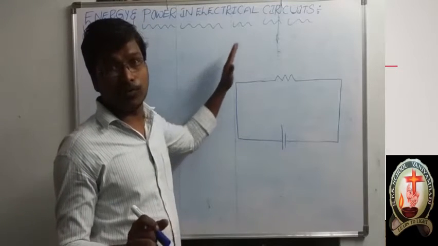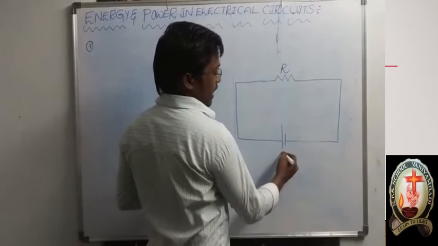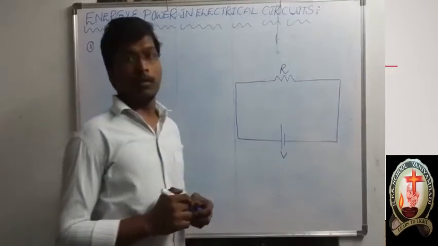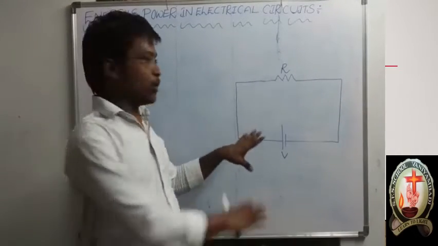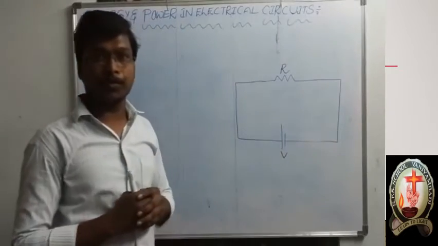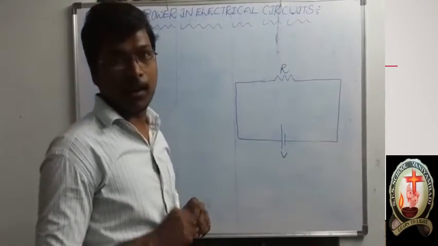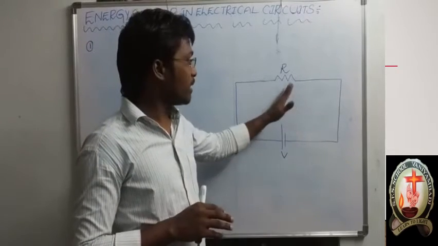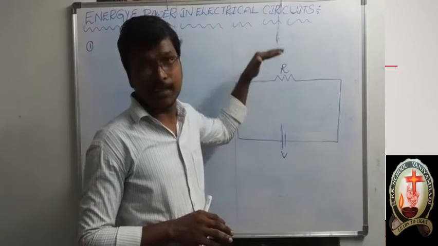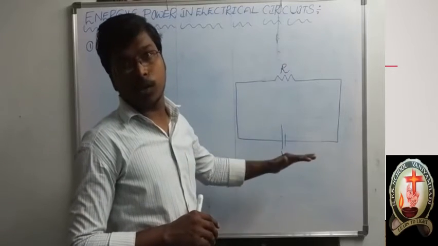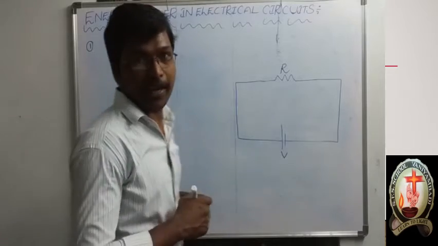The resistance of the resistor is capital R and the voltage of the battery is V. Once again, first point: this is the electrical circuit, having one resistor and one battery. The resistance is R. The voltage of the battery is V. Now second point.